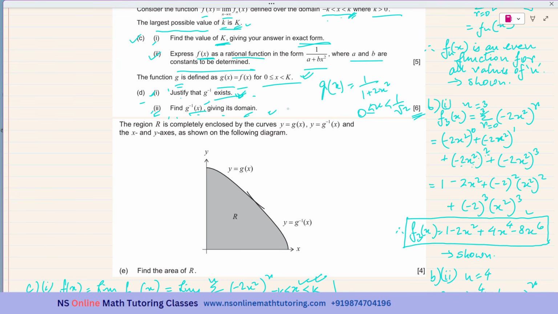The range of g of x will be the domain of g inverse of x, and you can get the range of g of x function from the graph using your calculator. We have already drawn the graph, so we know the domain of g inverse of x function. But since this carries 4 marks, you have to give the expression for g inverse of x as well. Okay, don't just give the domain.